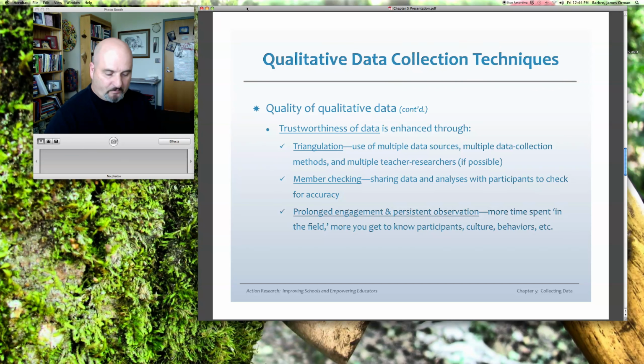That could be an interview that you've conducted, a journal, maybe some kind of school assessment data, or whatever the bits of information are that you have. You want them to overlap, so that one thing can be used to check another, can be used to check another. That way it's more reliable.